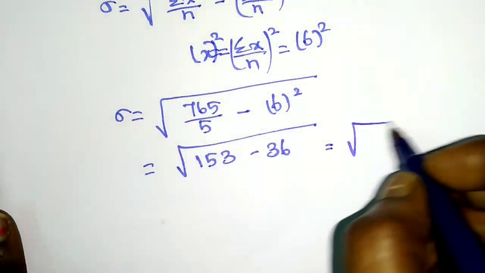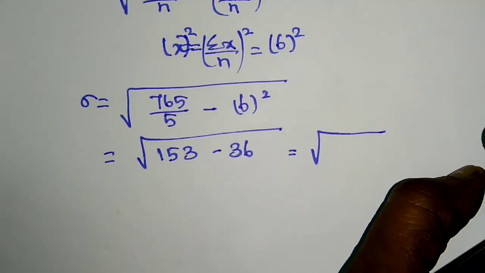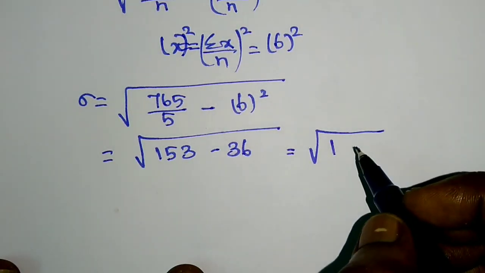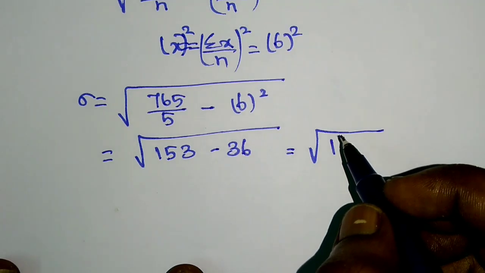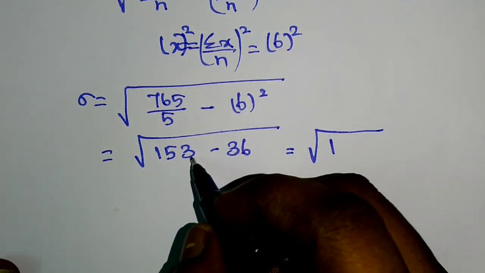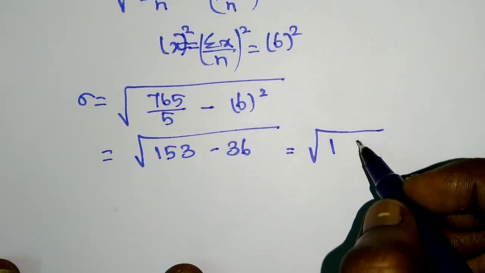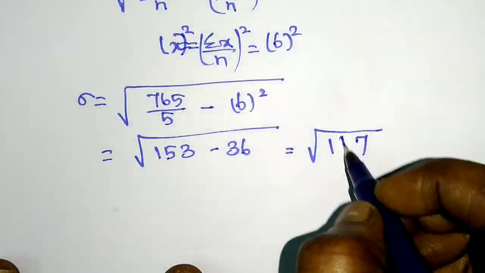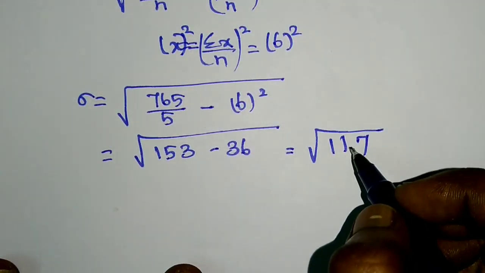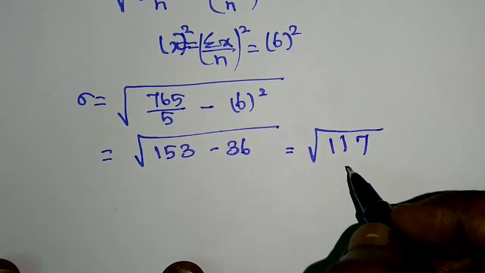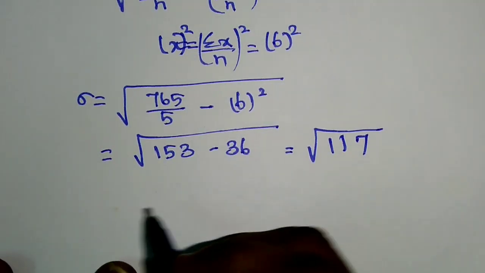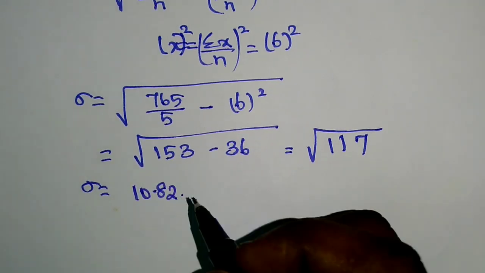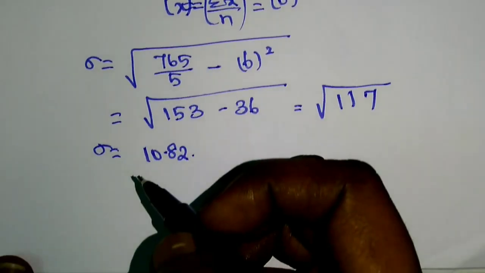Subtract 6 from 3, we get 7, and 4 from 3 we get 1. So 153 minus 36 is equal to 117. So sigma is equal to 10.82. So we have to find CV.